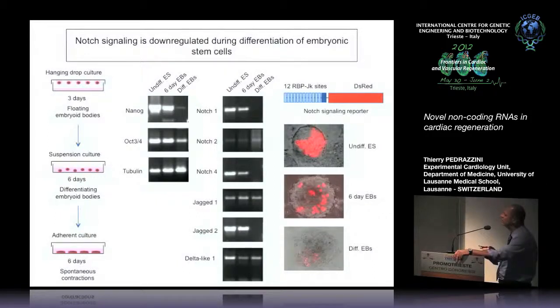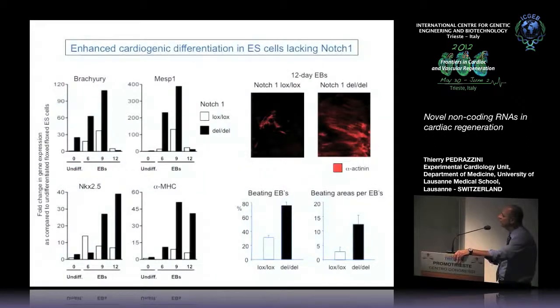I just want to remind you that if you take the prototype stem cell, the embryonic stem cell, and differentiate them here using the hanging drop model, basically you have a downregulation of the Notch pathway. I mean, certain components of the Notch pathway are downregulated, and signaling is turned off during differentiation. Now, in terms of cardiogenesis, we used Notch 1 deleted cells, and these cells have more capacity to produce cardiomyocytes.